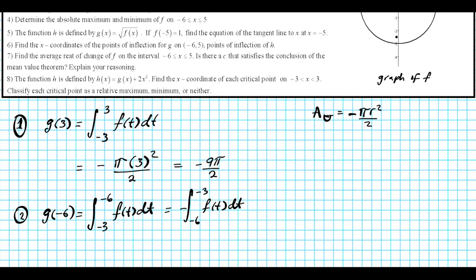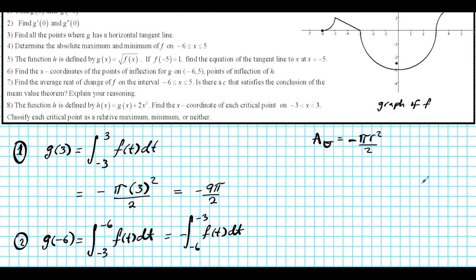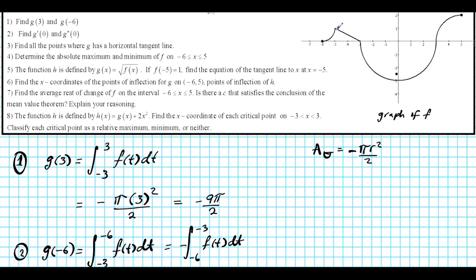Now we are going to find the area underneath the curve for this region between these boundaries, okay? So from -6 to -3, what you notice is that we have two things happening here. We have a quarter of a circle, and we have a line segment. So what must we do here?